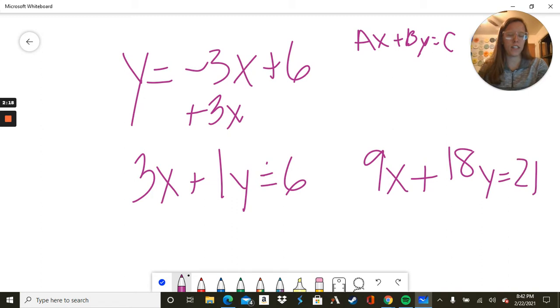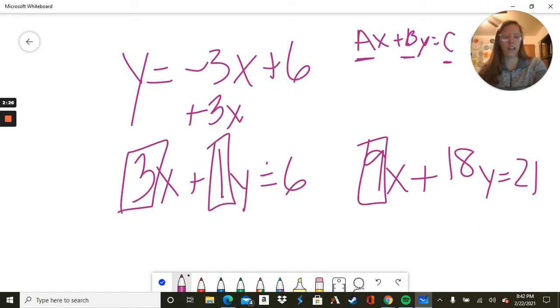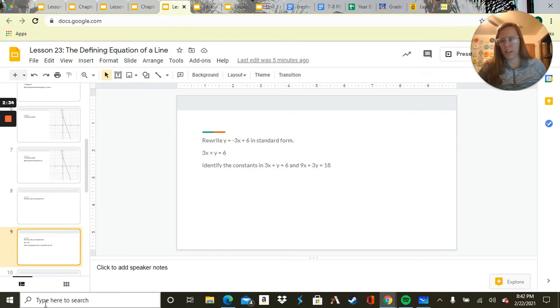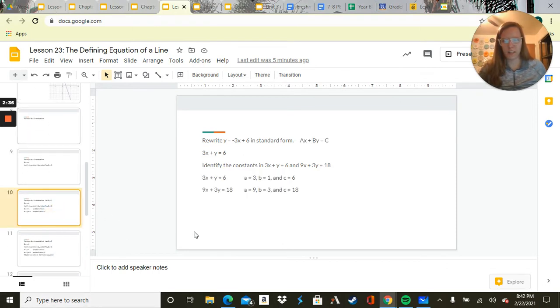So the constants are the letters, the capital letters, A, B, and C. So here it's 3, 1, 9, 6, then 9, 18, and 21. Okay? So we identify the constants. So now, if we put them over each other, the A's and the A's and the B's and the B's and the C's and the C's, we should get the same thing.